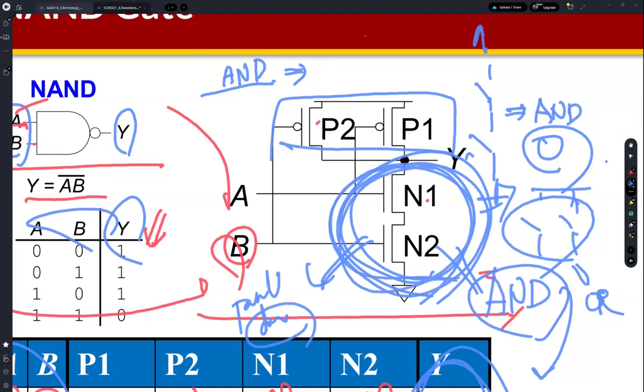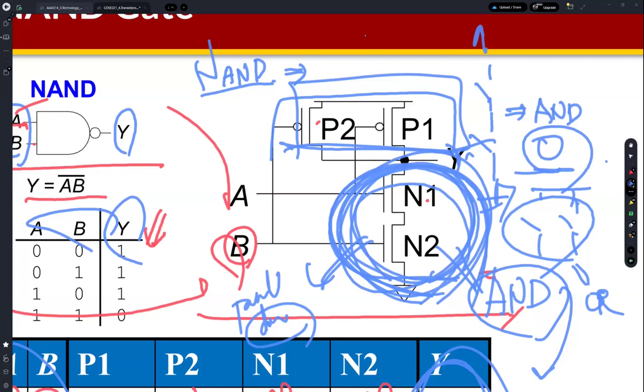Still the same? So I mentioned that this is the meaning of serial connection. Serial connection is AND, right? But for the NMOS transistors, if these transistors are activated, so the pull down network is activated, then Y becomes 0. So actually NAND. How about the PMOS transistors? They are connected in parallel, and if one of these PMOS transistors is activated, turned on, then Y becomes 1. Okay?